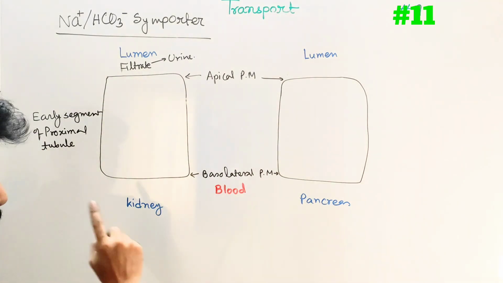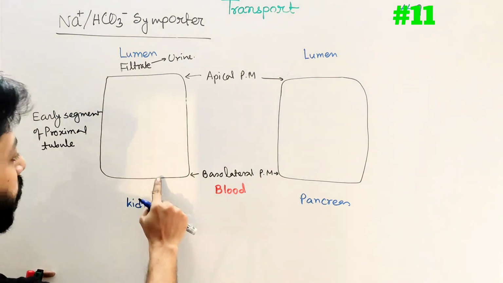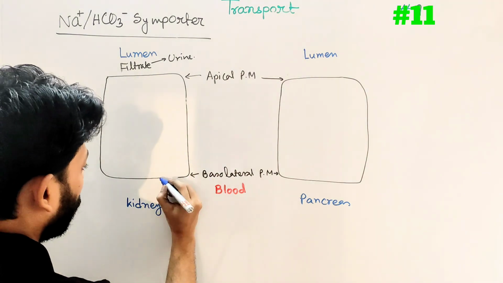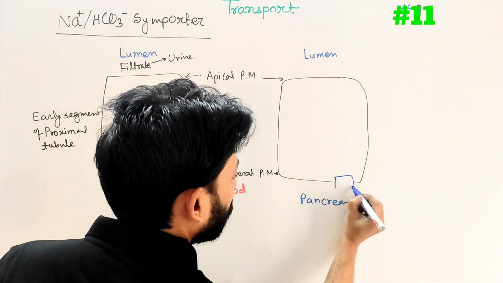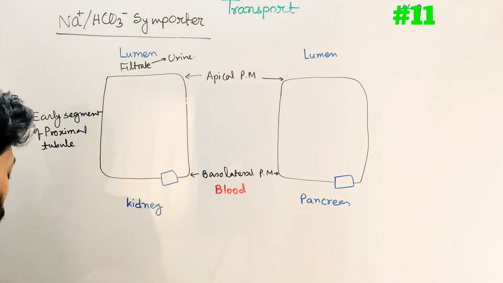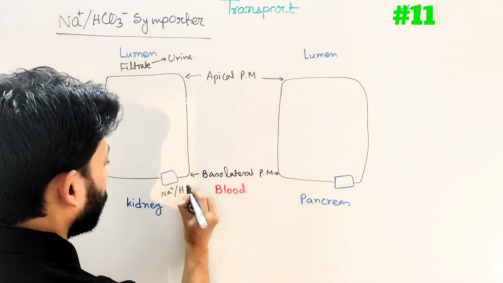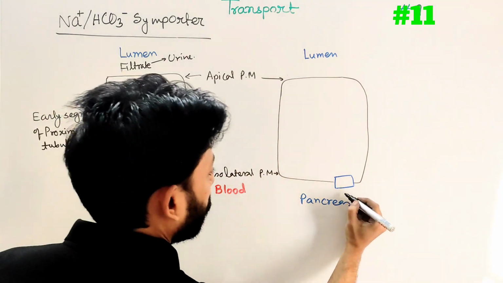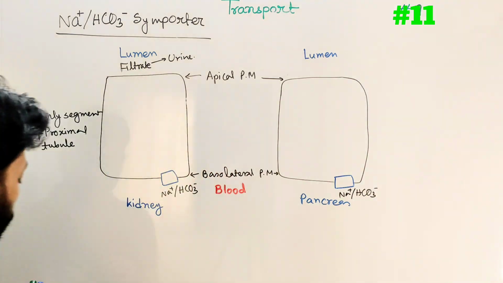Now in both these epithelial cells, the sodium bicarbonate symporter is present in the basolateral portions. So here the sodium bicarbonate symporter is present. Okay.